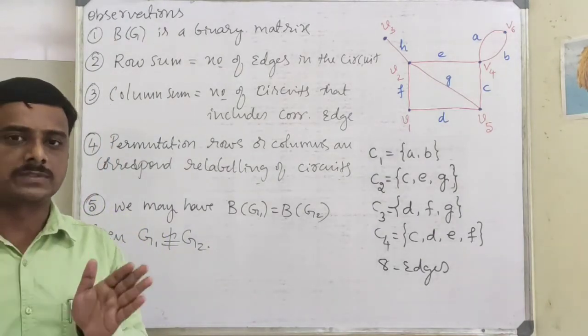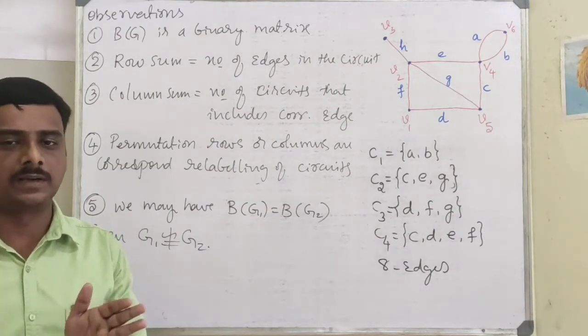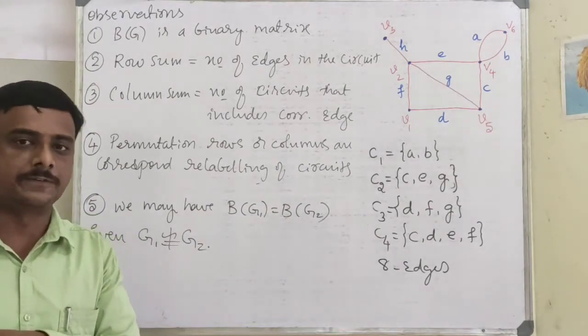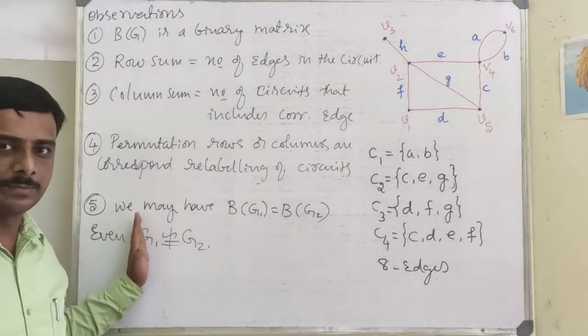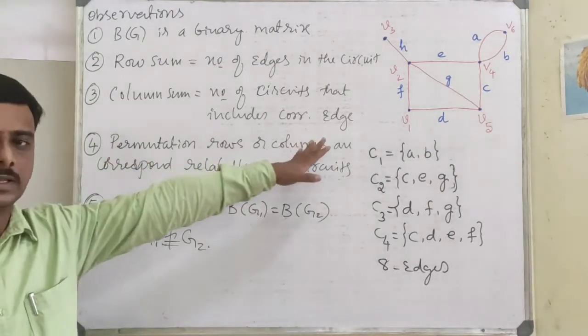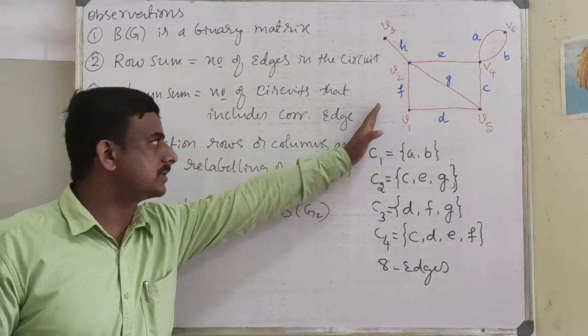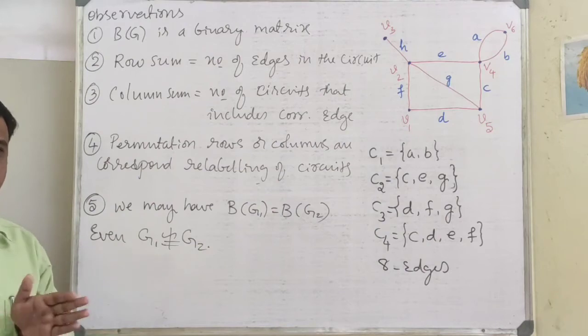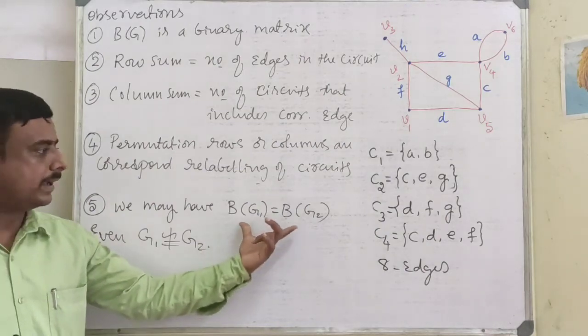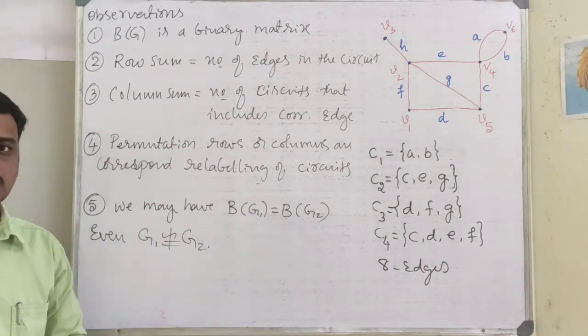Whenever two graphs are not isomorphic, two graphs are different, their matrices are also different in the case of adjacency matrix. In the case of incidence matrix, that holds in incidence matrix also. In the case of circuit matrix, even if the graphs are not isomorphic, you may have the circuit matrices the same.